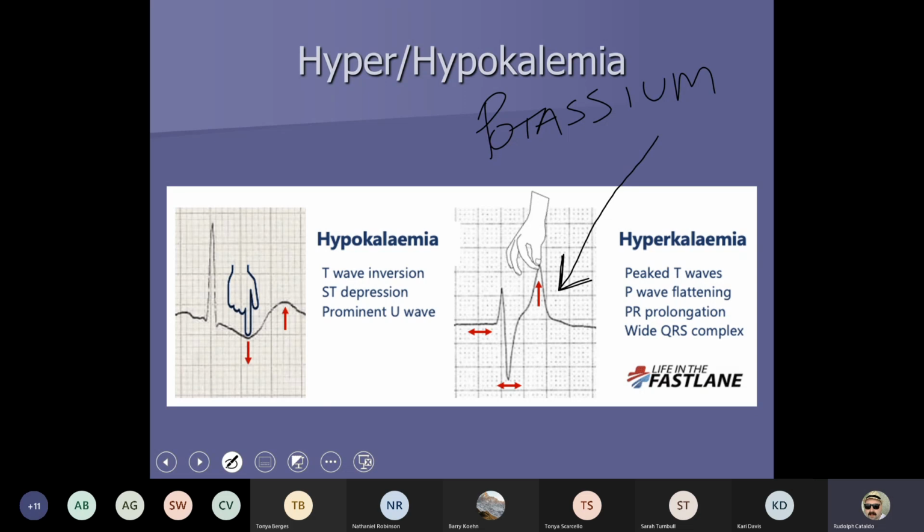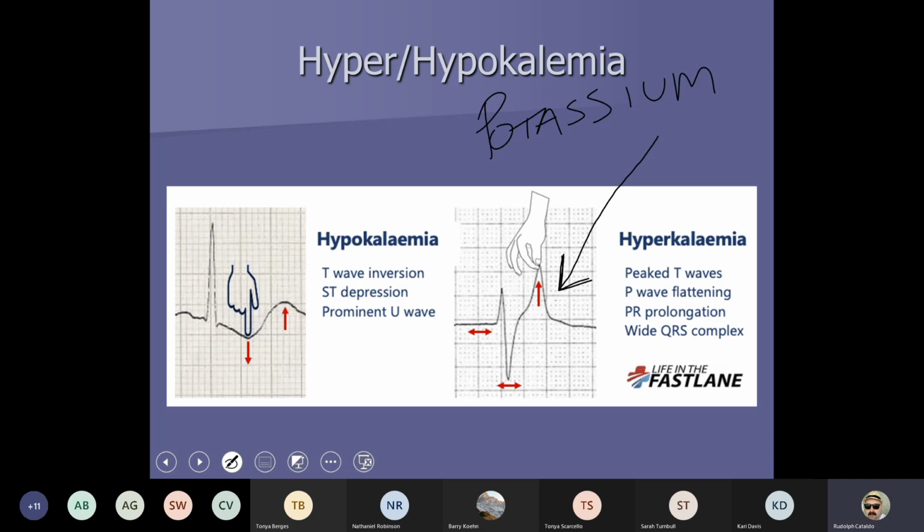And see how that peaked T wave is really tall and sharp at the end? Taller than my QRS complex? That is generally a very good sign that this patient has potassium issues. This could be a patient taking too many electrolytes, maybe drinking too many certain types of drinks, maybe taking workout supplements. Who knows?